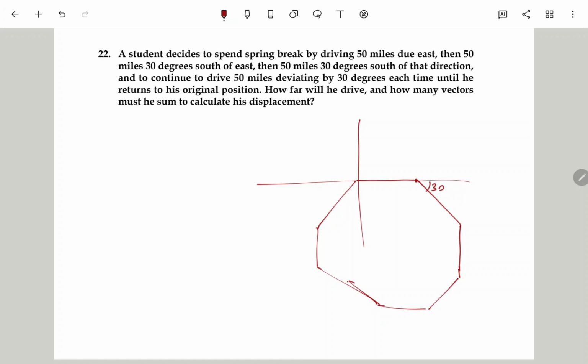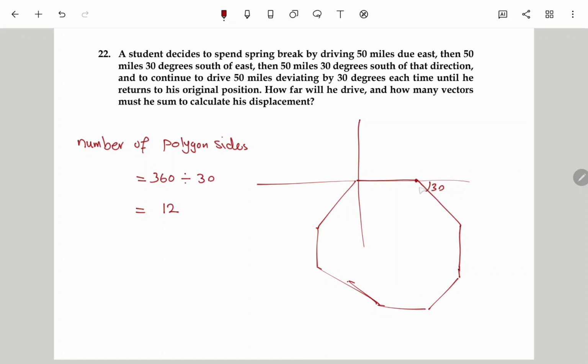Now the number of polygon sides is equal to the total angle, which is 360, divided by the exterior angle, which in this case is 30 degrees. So it's equal to 12. 12 is the number of polygon sides.